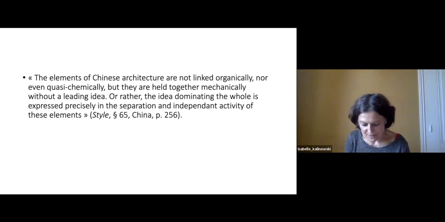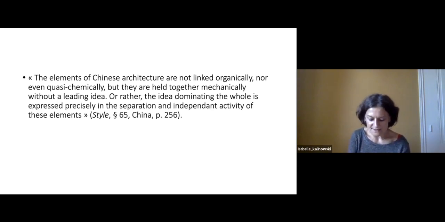I quote Semper: "The elements of Chinese architecture are not linked organically, nor even quasi-chemically, but they are held together mechanically without a leading idea. Or rather, the idea dominating the whole is expressed precisely in the separation and independent activity of these elements."